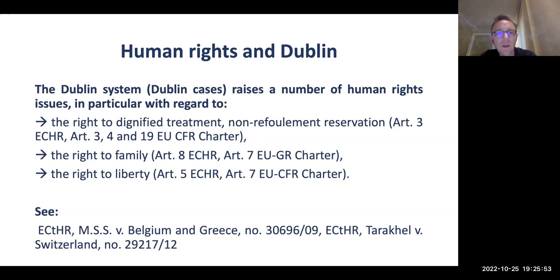And of course, there's also Article 5, the right to liberty, which sometimes is a problem because in Dublin cases we also have forced transfers, and forced transfers often come with detention. So a number of obligations regarding this detention, obviously, are on the member states.